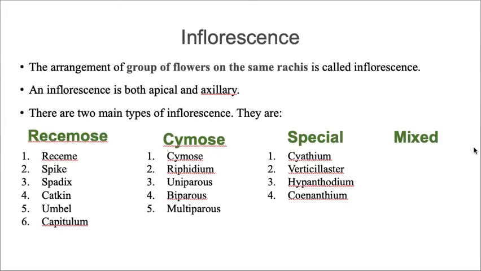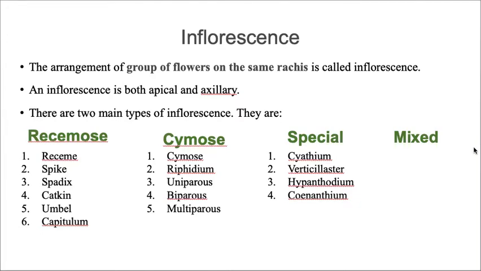Out of these, androecium and gynoecium are the reproductive parts, called essential parts, whereas calyx and corolla do not participate in reproduction, but they give protection and support to the androecium and gynoecium. That's why they are called accessory parts, additional parts. They just help, but they don't participate in the actual purpose of the flower, that is reproduction.